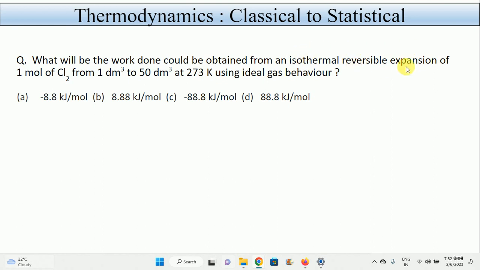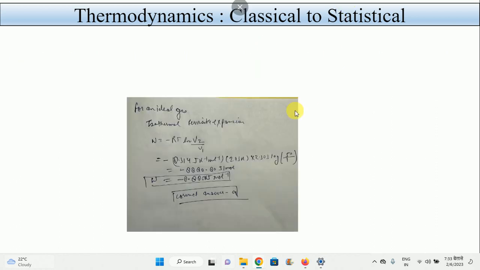We know the formula for this: W equals minus nRT ln V2 by V1. V2 is given, V1 is given, number of moles is given, temperature is given, so we can simply calculate this. W is equal to minus nRT, n is 1, so RT ln V2 by V1.